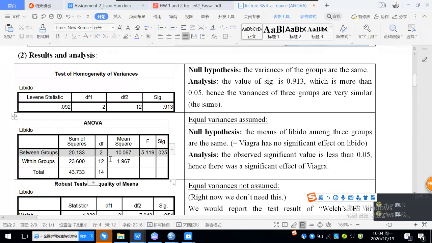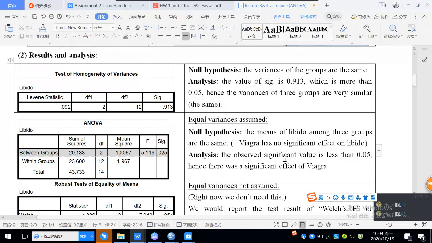Here, the null hypothesis is Viagra has no significant effect on libido. They are the same thing. The means of libido among three groups are the same. You can use this null hypothesis or that one, they are the same thing. So here, the F value is 5.119, right?